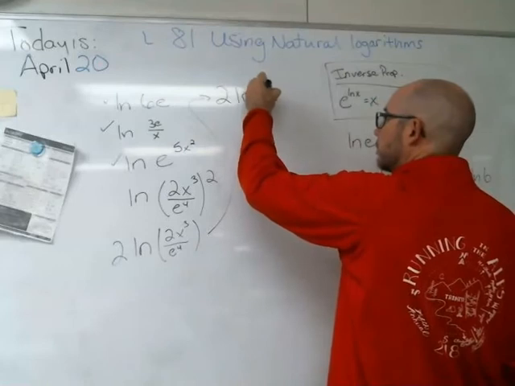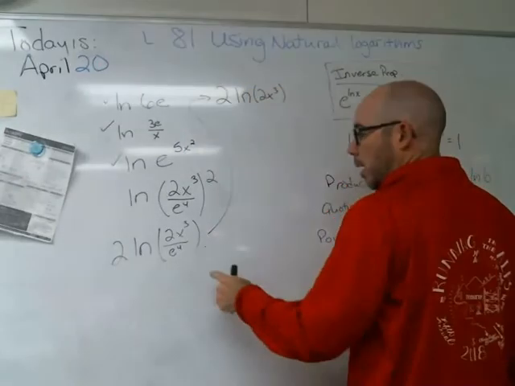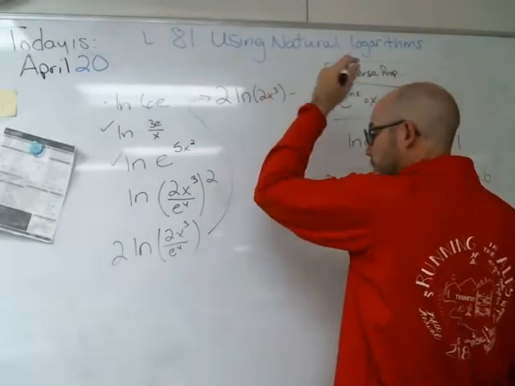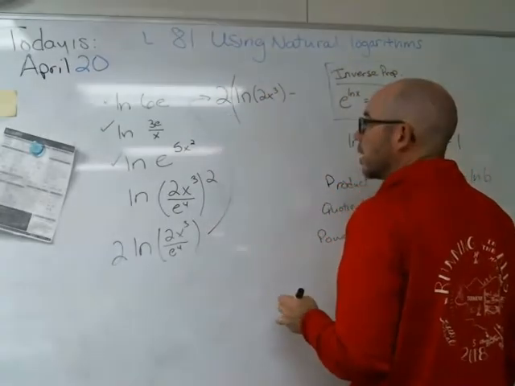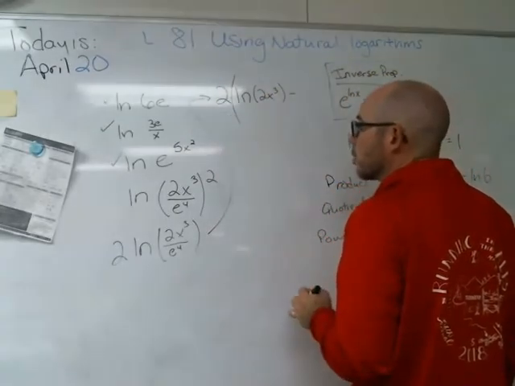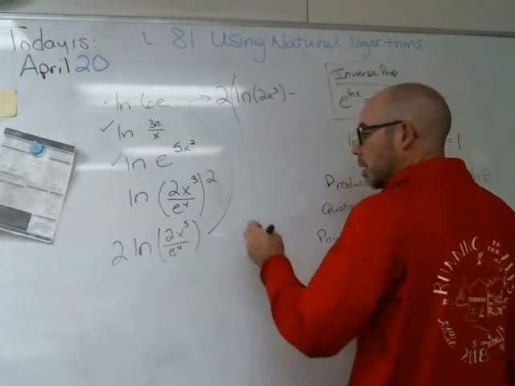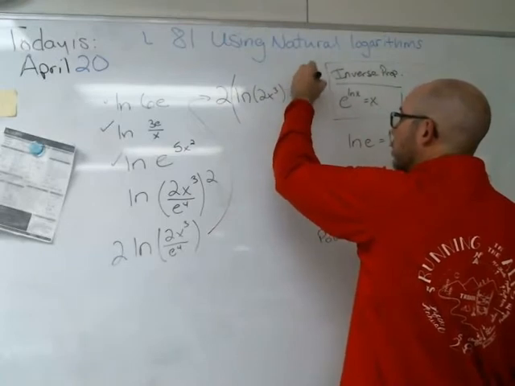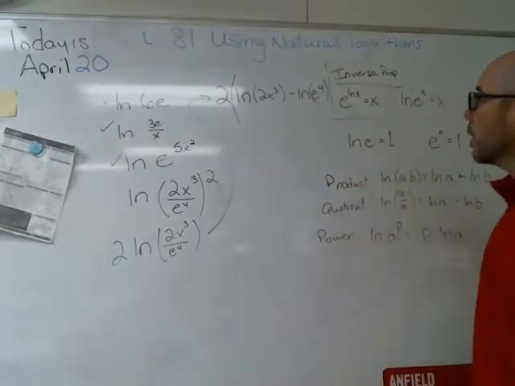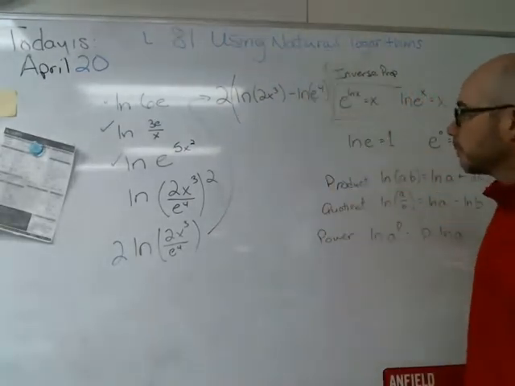Yes, I could do that. Minus, let's do that, 2 times natural log of 2x cubed minus the natural log of e to the 4th. Okay, so I've got all that.